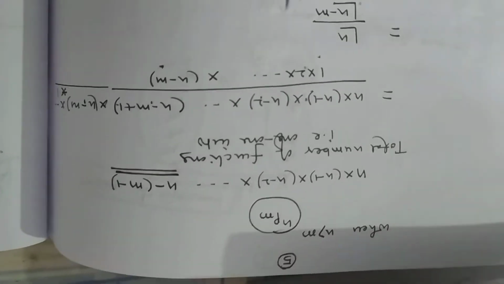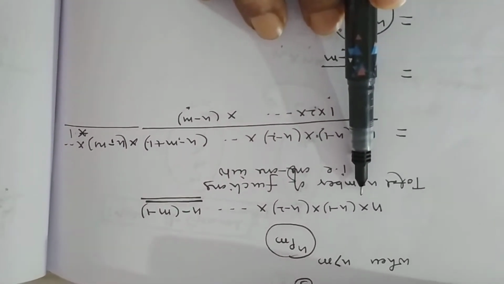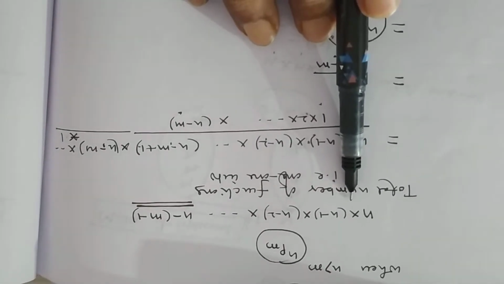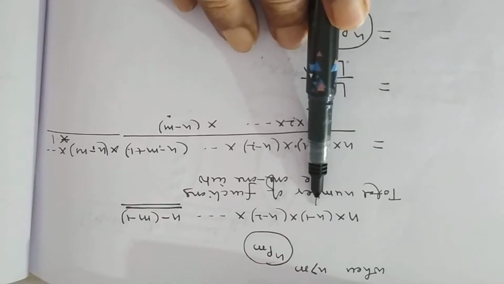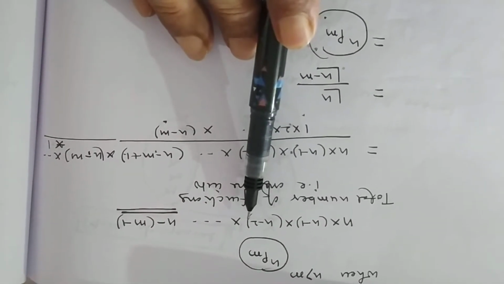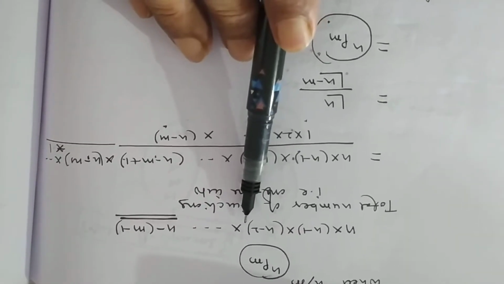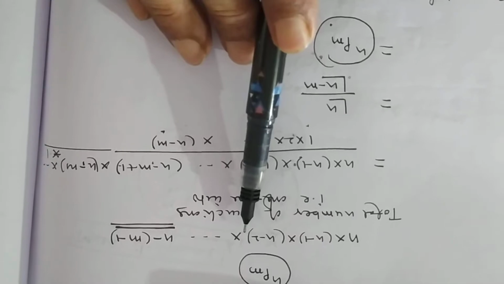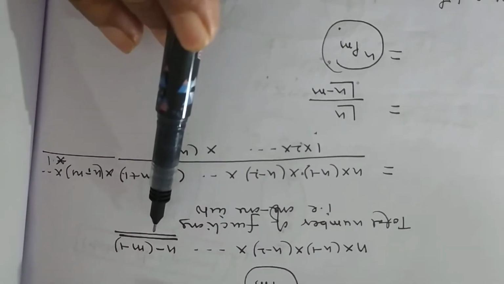So how many one-one functions will we get? Suppose x1 has how many chances? n chances. x2 has how many chances? n minus 1 chances. x3 has how many chances? n minus 2 chances.